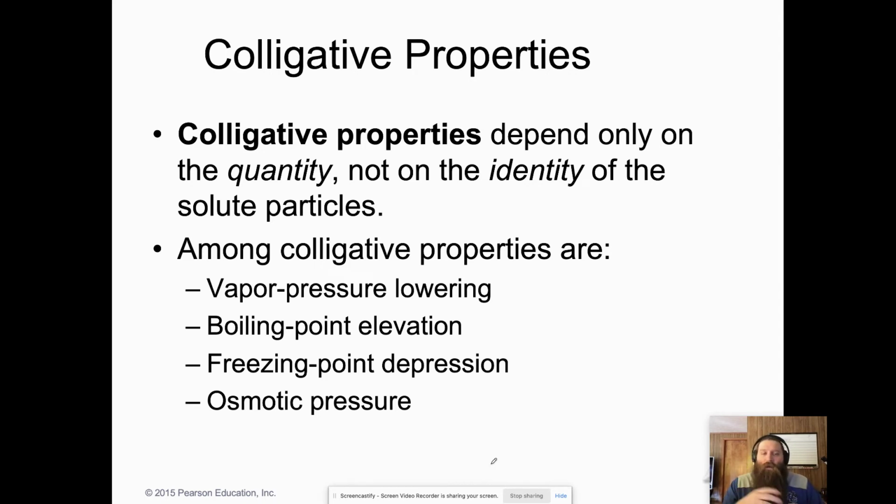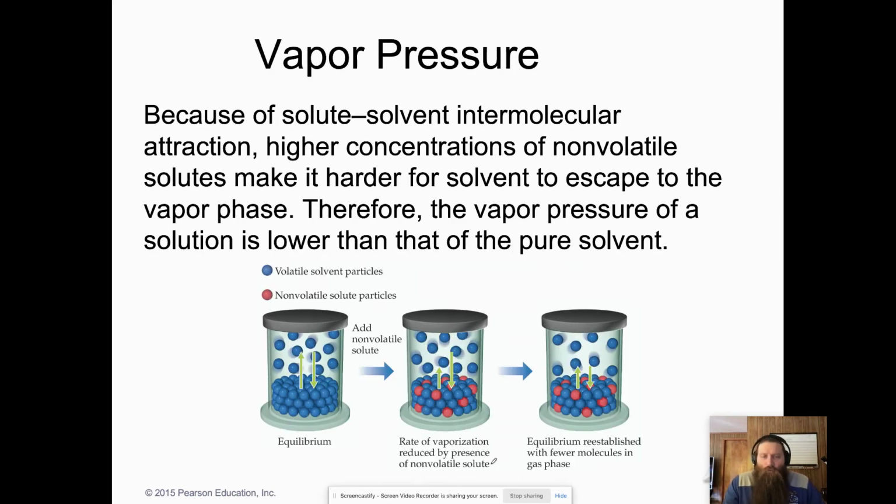And there are 4 main colligative properties we want to look at. We want to look at vapor pressure lowering, boiling point elevation, freezing point depression, and osmotic pressure. I'm going to shy away from osmotic pressure just a little bit. I'm going to focus in on the other 3, but osmotic pressure, we'll mention it, just not in great detail.